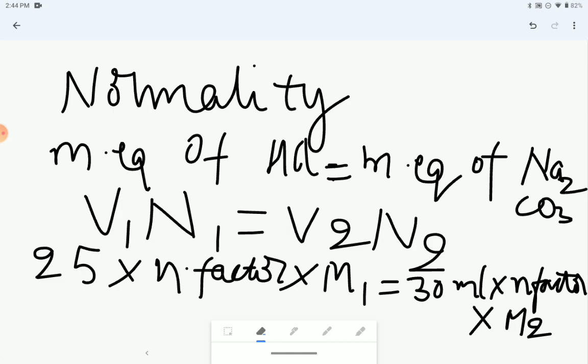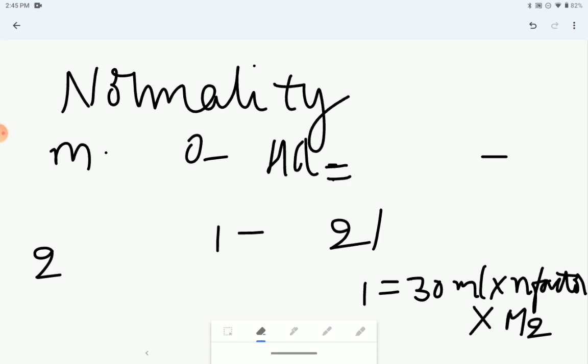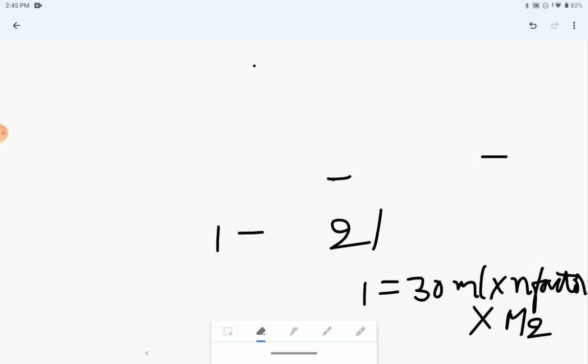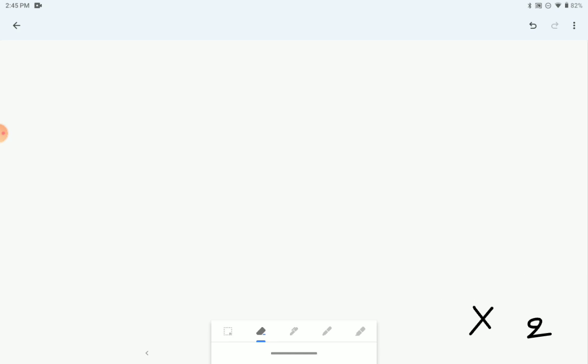If in the question it is given that some solution requires a certain quantity of another solution, then it is to be proved that the mole equivalent of the first solution is equal to the mole equivalent of the required solution, right? Okay, so let's do it.